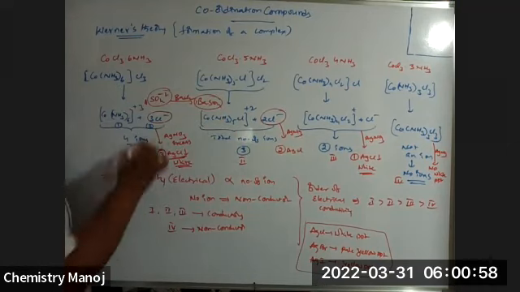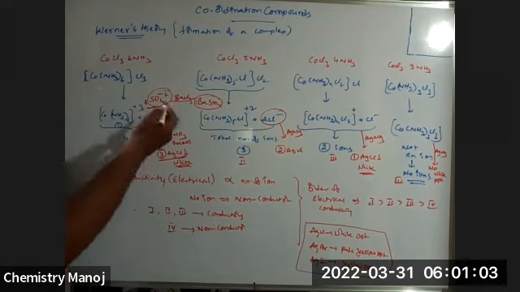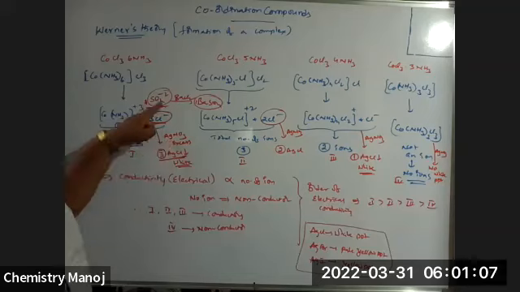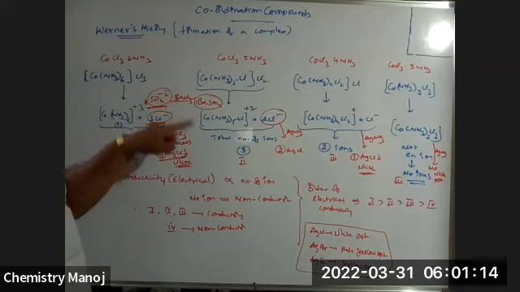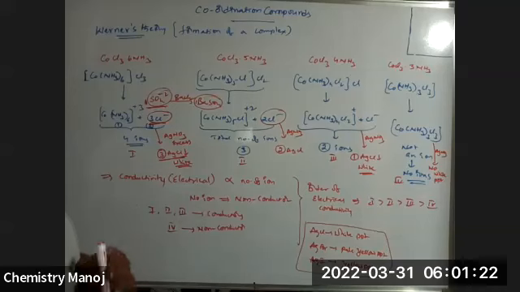So depending on the outside ions present in the complex, we can test with different reagents. If a halide ion is there, it is tested with AgNO3. If a sulfate ion is there, it is tested with BaCl2. This is very, very important for the objective side of your boards.